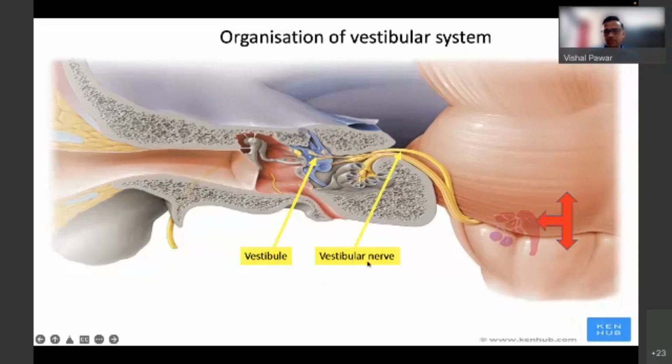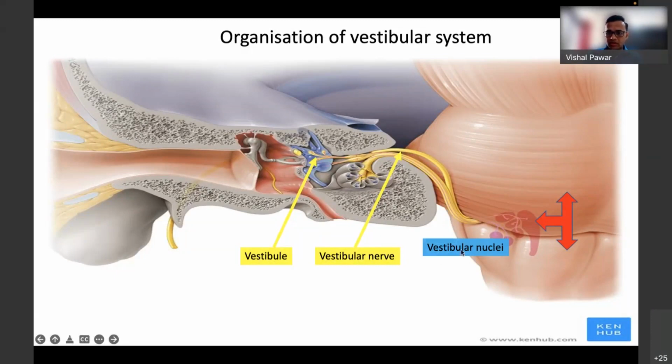Then the vestibular nerve starts from the vestibule, that is the superior and inferior division, and forms the vestibular nerve proper. Then the vestibular nerve enters the pontomedullary junction and forms the vestibular nuclei. All the information coming from the vestibular sense organ is relayed in the vestibular nuclei.